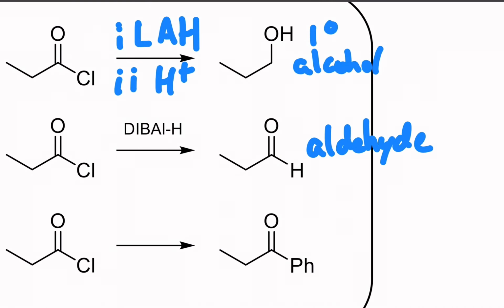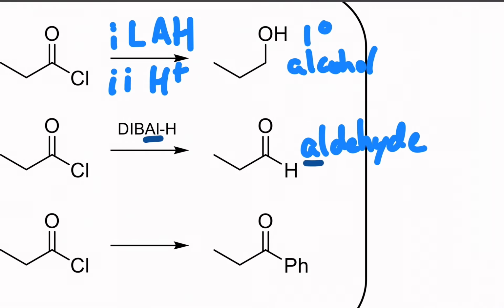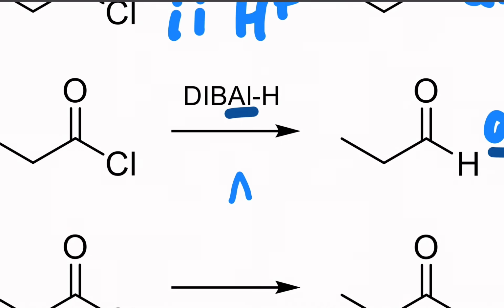You can kind of remember that most acid derivatives with DIBAL will make an aldehyde. The reagent is also a source of hydride. It looks like an aluminum with a hydrogen. So there's your hydride, a hydrogen attached to a metal. It's usually negatively charged as a hydride source. And it's got 2 what are called isobutyl groups attached to it.